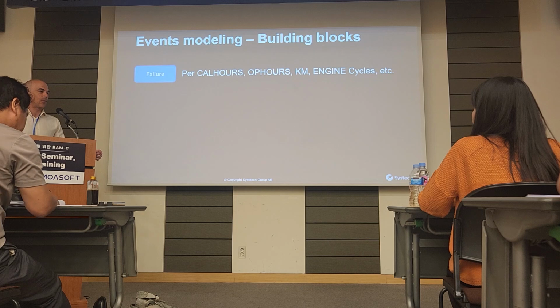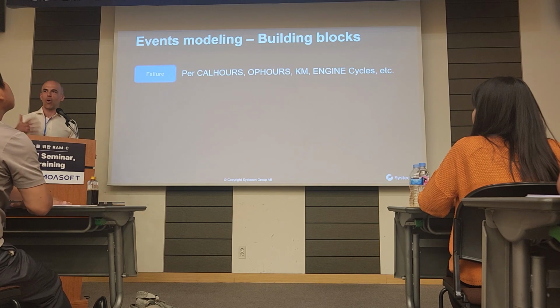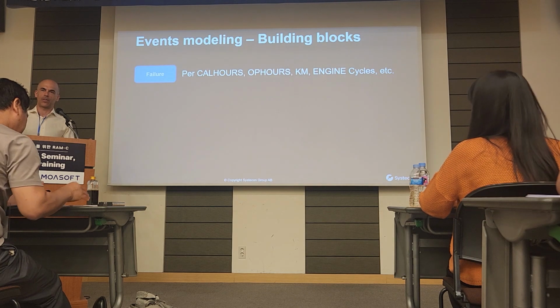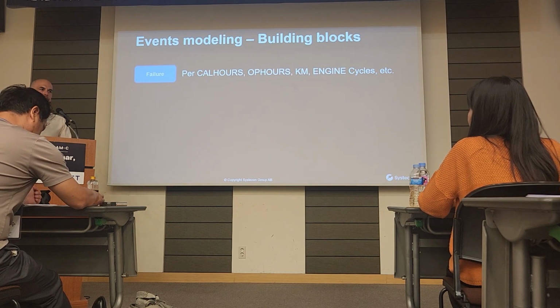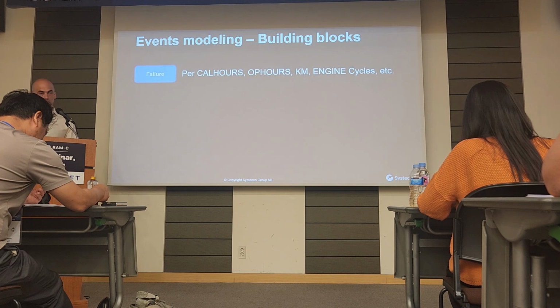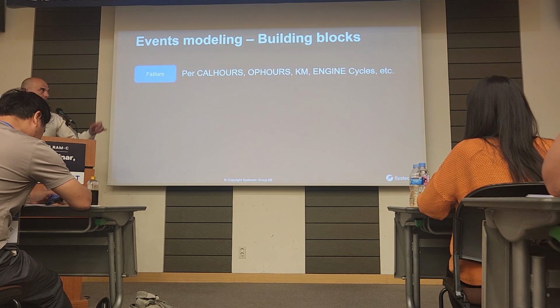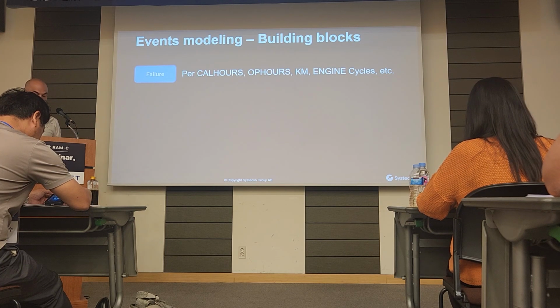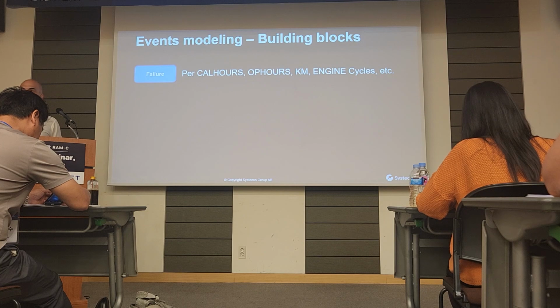You can describe these failures most commonly as operating hours. How often does a certain failure occur based on the operating time of the system? But you can also choose to describe it on calendar hours. These two, calendar hours and operating hours, are defined as default in OPUS.